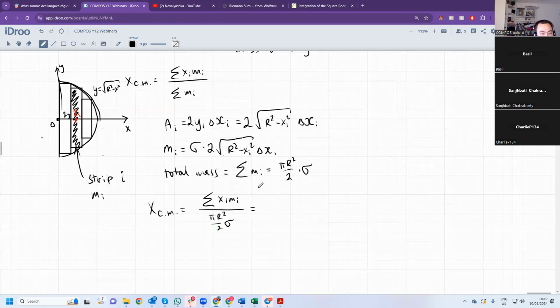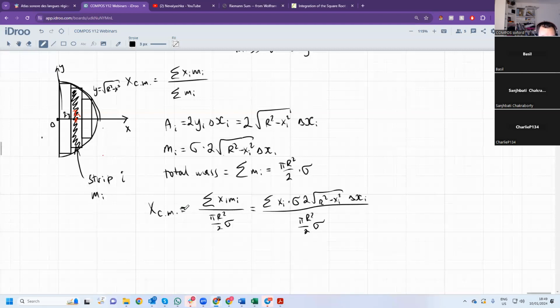So it's the sum of xi multiplied by m, so it's sigma 2 square root r squared minus xi squared delta xi, divided by pi r squared over 2 sigma.